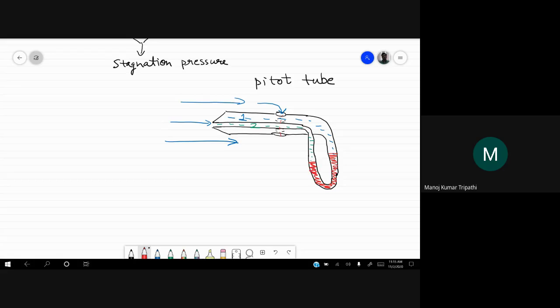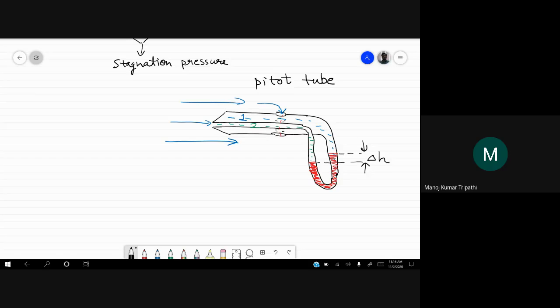This is mercury or something else. These days we don't use mercury. What we have is a diaphragm here, and it is measured electronically. So there is a pressure sensor which is electronic. It is not a liquid like this, but just to illustrate the pressure difference, I am showing this. So here you have a difference of heights between these two columns. Let's call it delta H.